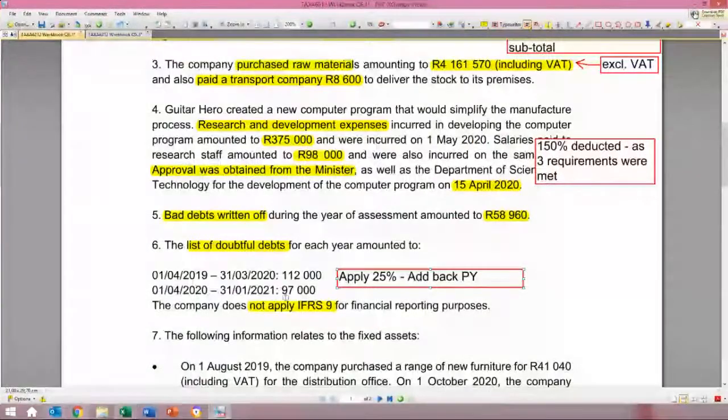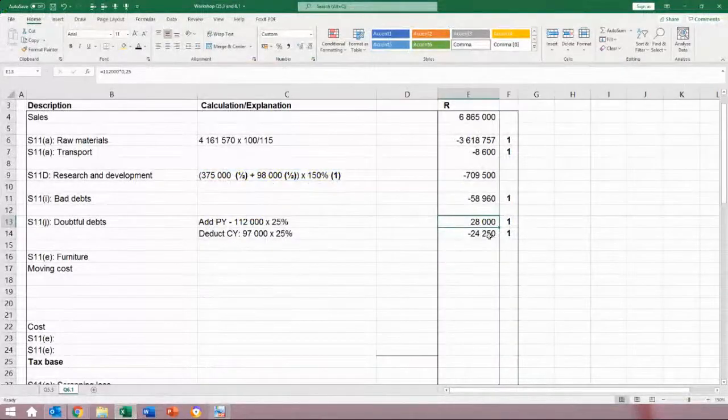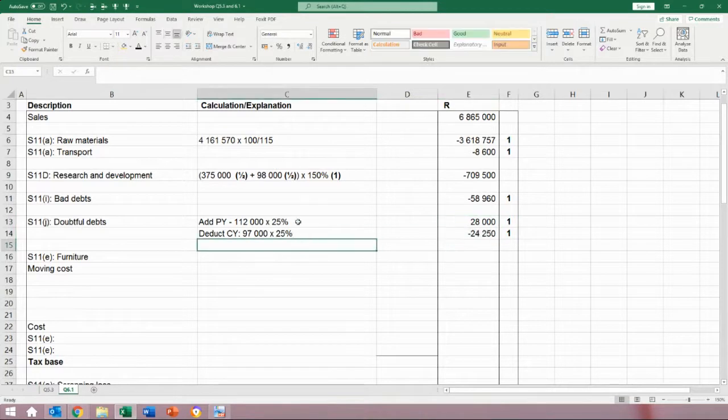And then in the current year, our list of doubtful debts is 97,000. Then I apply the 25% to that, which is then a negative 24,250. And what we are, in essence, including in our tax calculation is just the movement from the one year to the next, which would have been a positive movement of 3,750. But to get the marks, you need to show that amount separately. Okay.